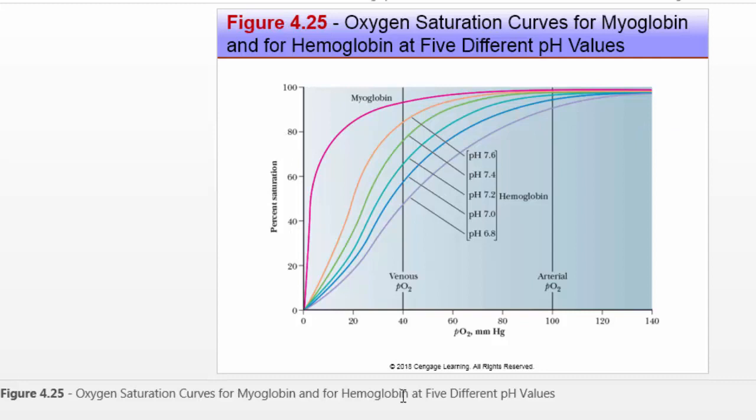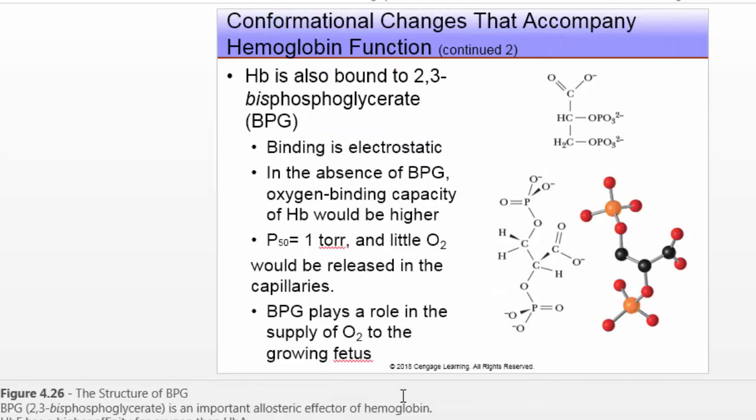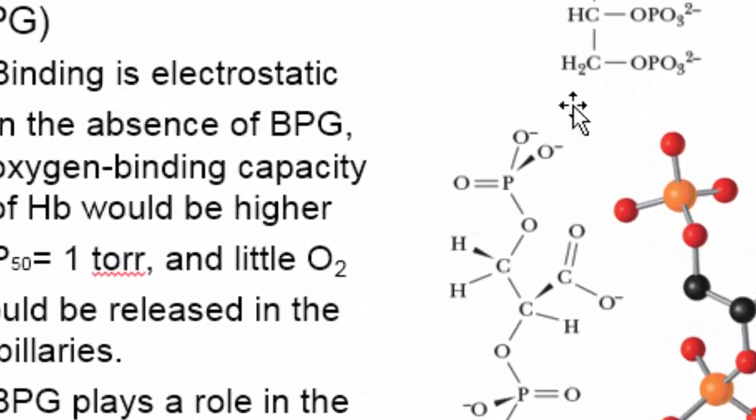Hemoglobin in blood is also bound to another ligand called 2,3-bisphosphoglycerate, BPG. The type of binding is electrostatic because this is a highly negatively charged small molecule. It will interact with the side chains of basic amino acids, so we expect the type of binding is electrostatic.